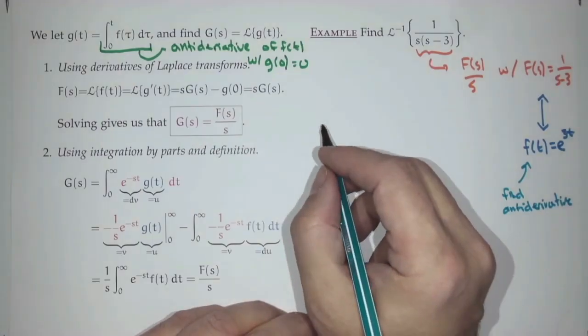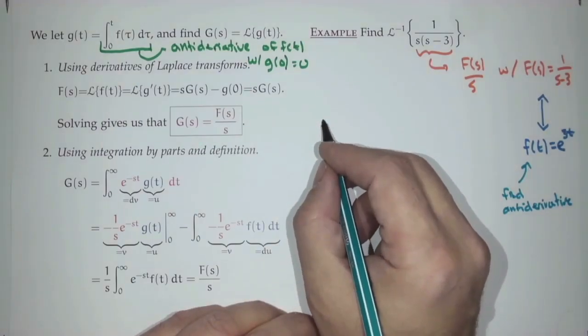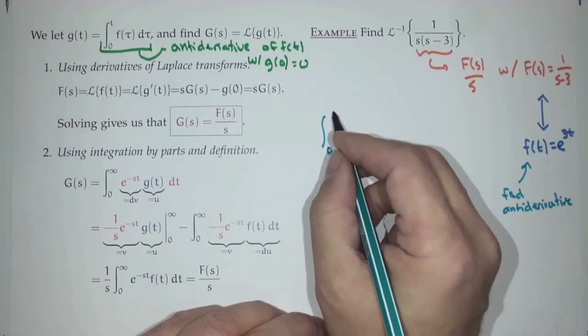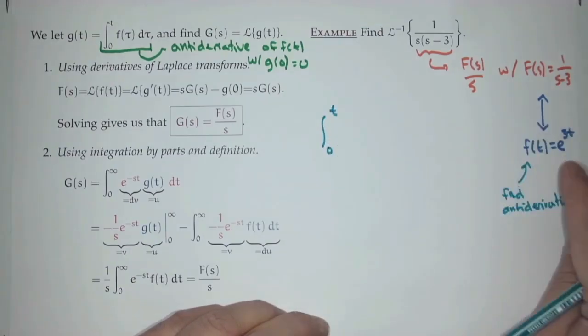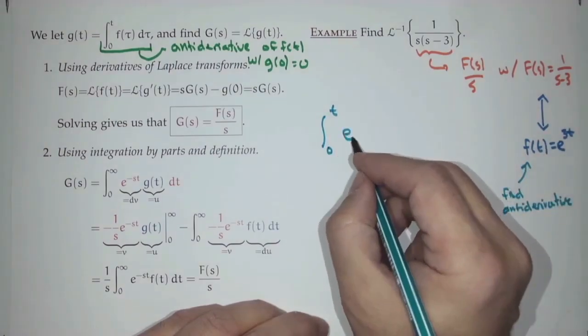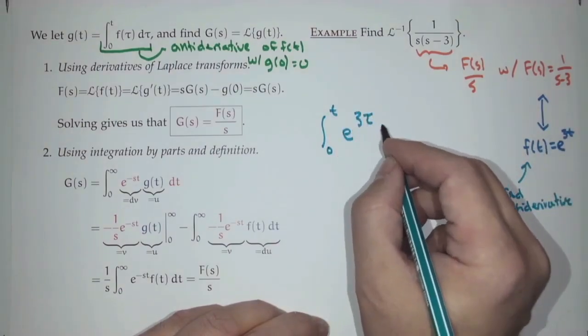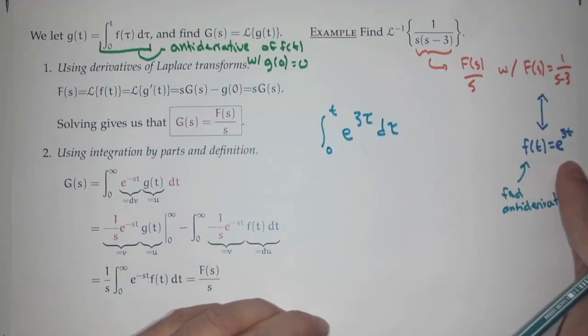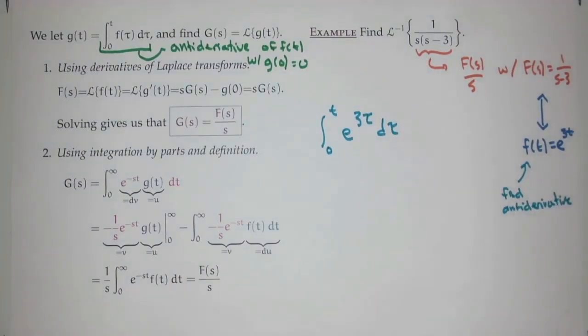Not just any antiderivative; in particular, it's the integral from 0 up to t of this function, e to the 3 tau d tau. If you don't like this, just find the antiderivative and find the right constant. But let's use the formula as written. What is this integral?